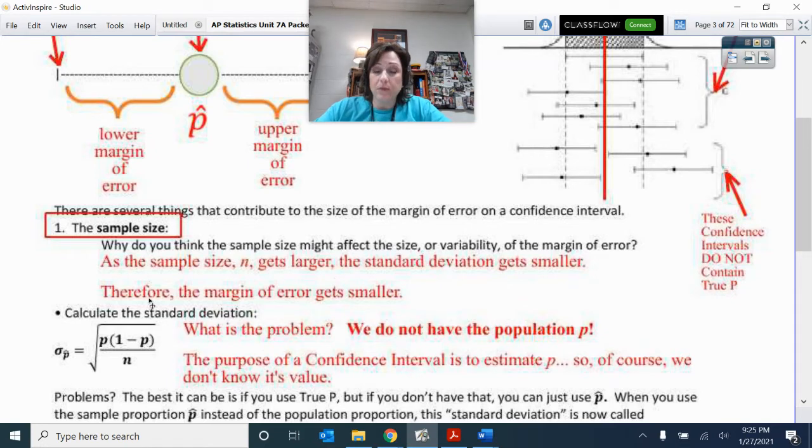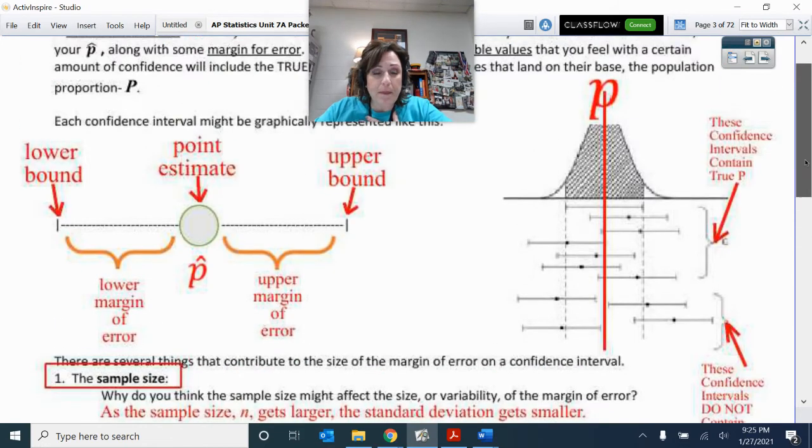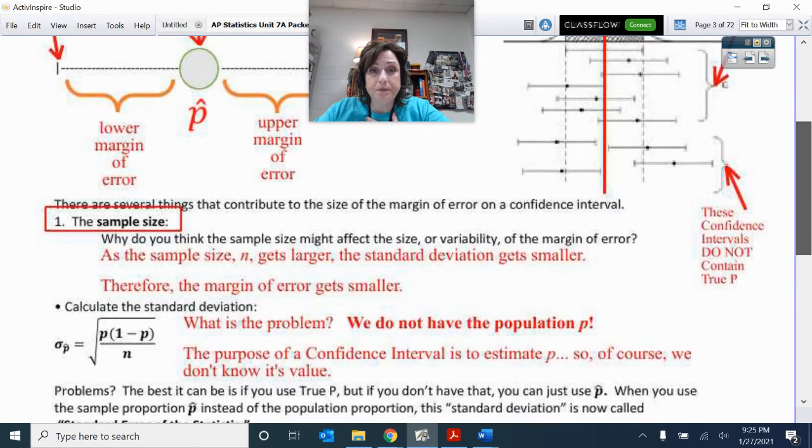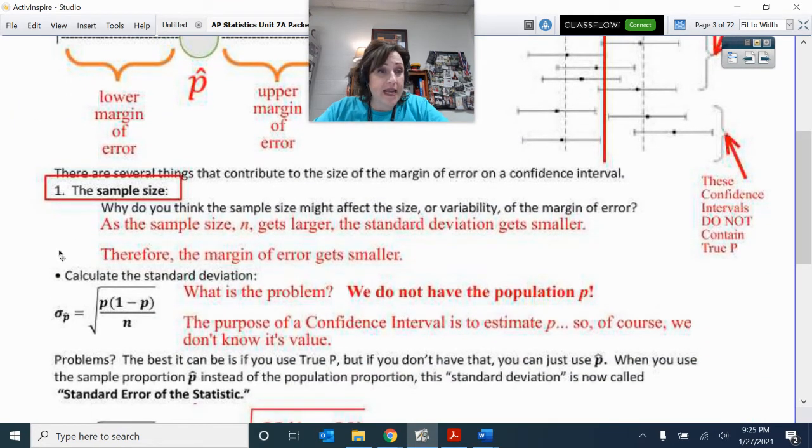So let's do that. Let's take my number, my p hat of 0.32, and go estimate that. Now, calculate your standard deviation. Let's look at this formula. Do you remember this formula has p times 1 minus p over n, and then you square root it. But what is that p? Do we have true p to be able to put into this formula?